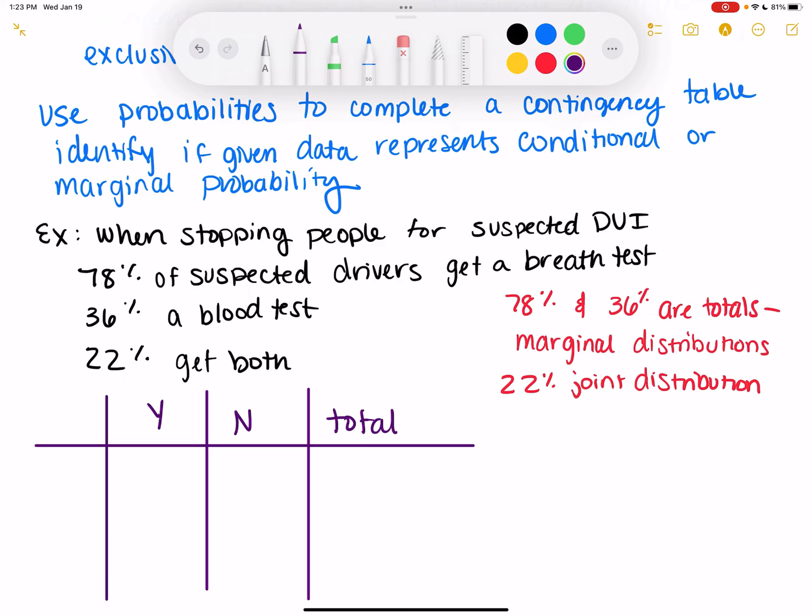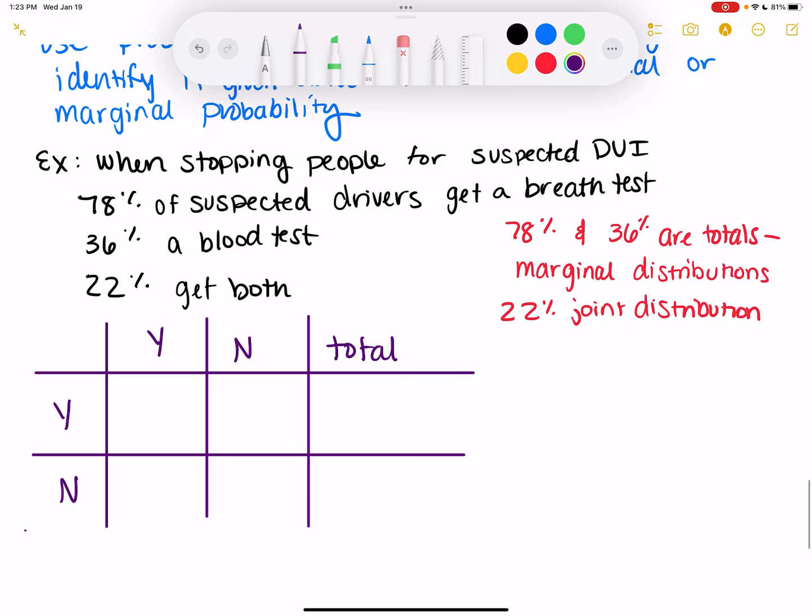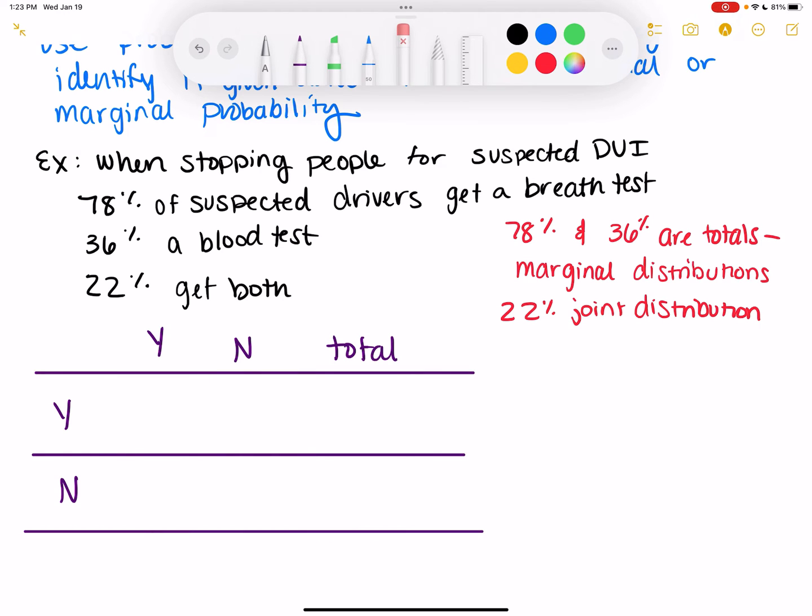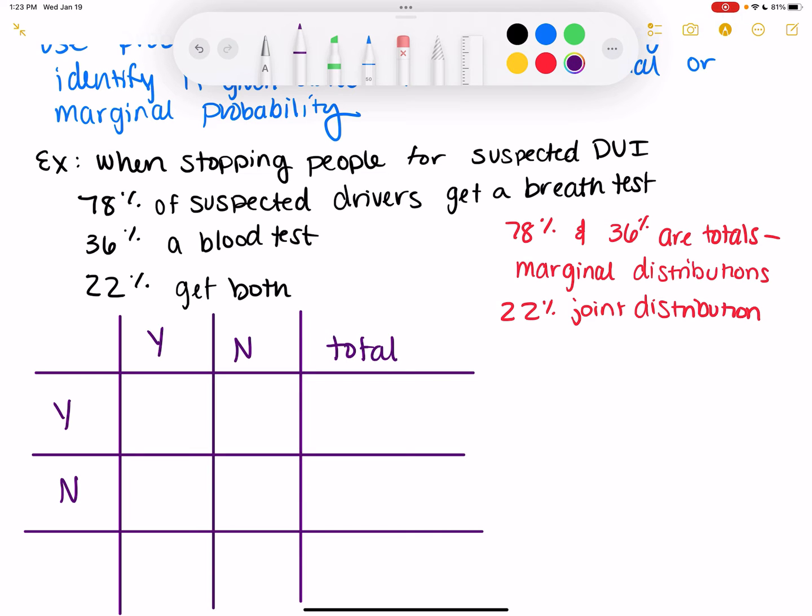Then on the left we're going to have a Y for yes and an N for no. I didn't make my table big enough, so we're going to go a little farther. And then down here we're also going to have totals.